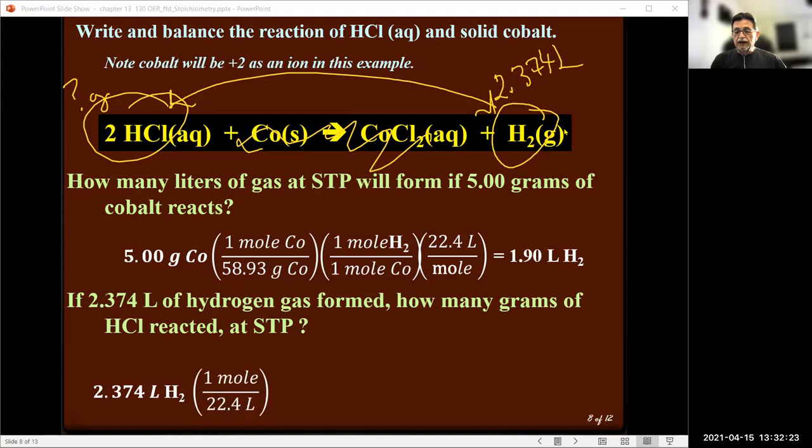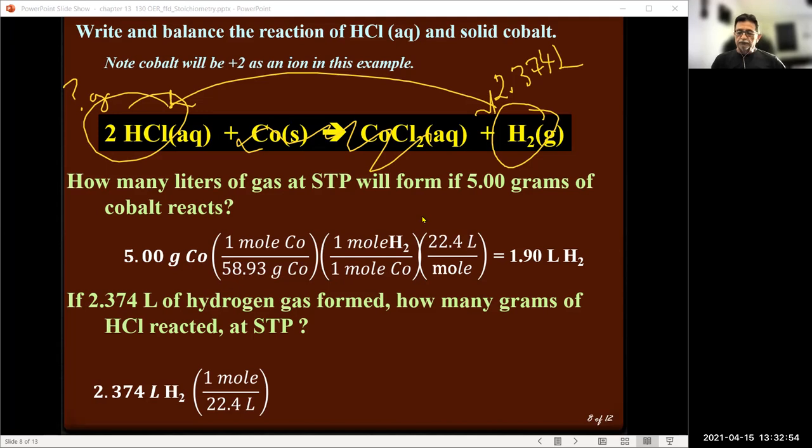Because you can't use that relationship if you are under any other condition than STP, 0 degrees and 1 atmosphere. So we're telling you here STP, but they may say it as 0 degrees and 1 atmosphere. You need to remember that is STP. If they say 25 degrees and 1 atmosphere, then the only answer you have is I cannot calculate, not enough information.